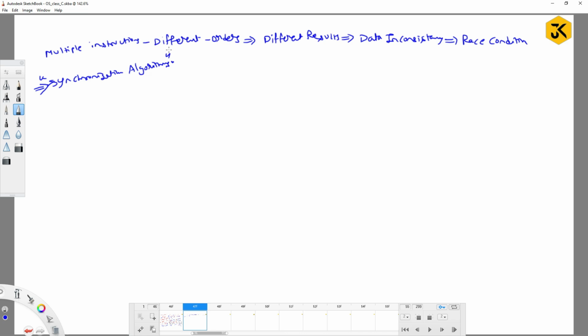So because of lack of synchronization, what is one kind of problem you are going to observe? Data inconsistency is one kind of problem you can observe. Okay, and another kind of problem is loss of data, and the other kind of problem will be deadlock. These are the 3 things that we can observe when you lack synchronization in programming.